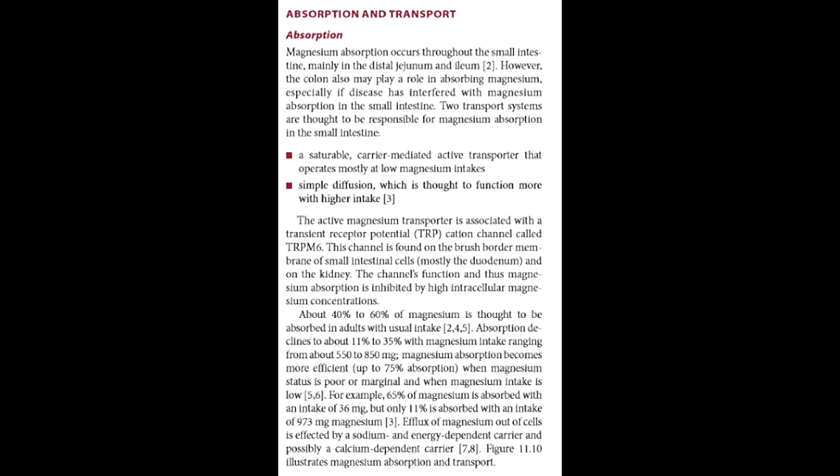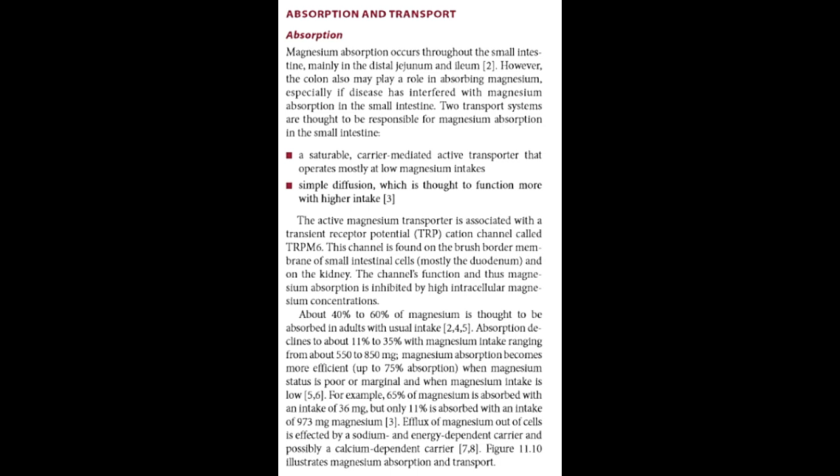The later part, the last part of the jejunum, is called distal jejunum. And sometimes the colon, that is the large intestine, may also play an important role in absorbing magnesium. So magnesium absorption in the small intestine is the major one.